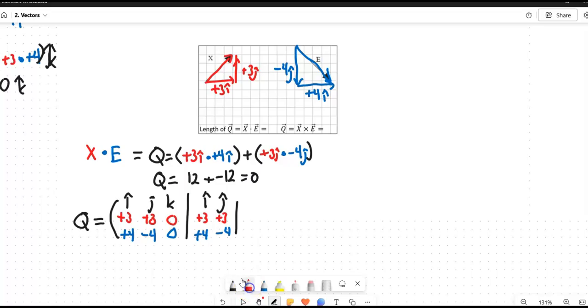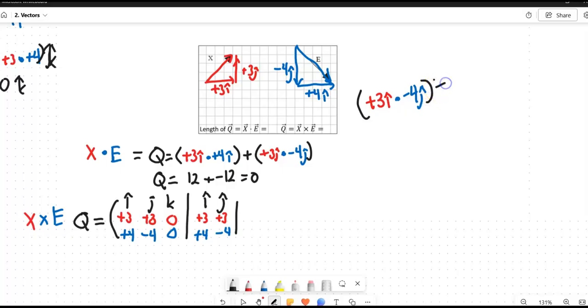And again, what we are doing is X cross E for this part. Now, since we're going in order, we're going to start with the X direction portion of the red first. So I'm guessing that this is going to be positive 3i times a negative 4j. Okay, so that's the first part.